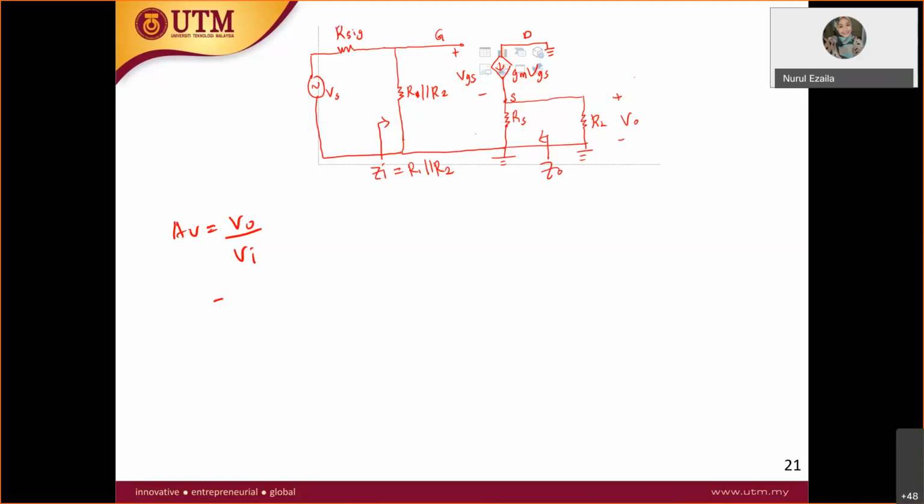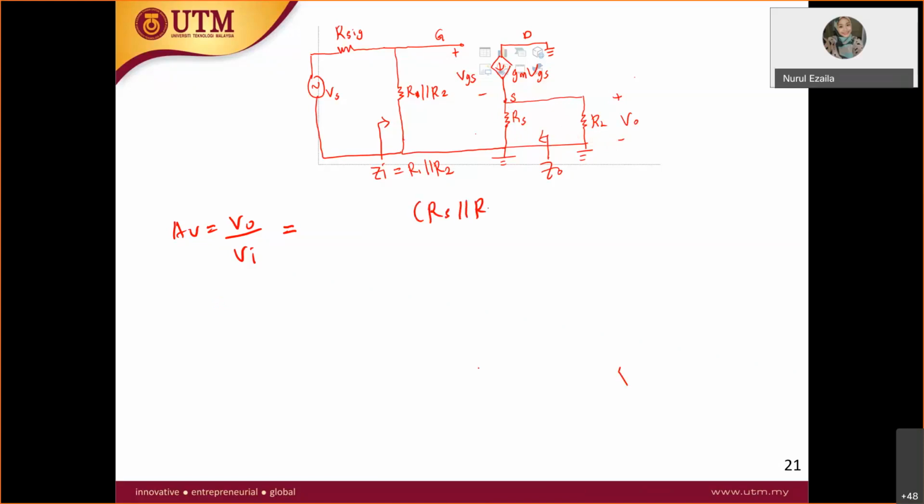V out is equal to total current times total resistor. As you can see here, V out is across RS and RL, so you have to parallel RS and RL.